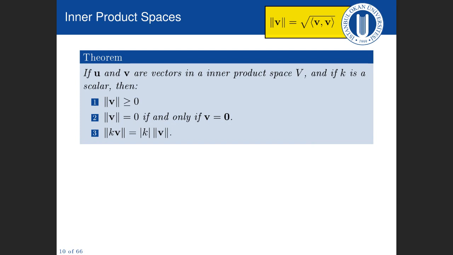And thirdly, the norm of k multiplied by v, number multiplied by vector, is the absolute value of k multiplied by the norm of v. V is a vector. For vector, we use 2 vertical lines. k is a number. For number, we use 1 vertical line on each side.